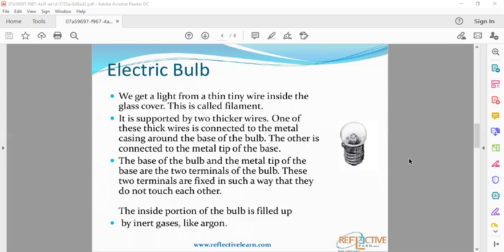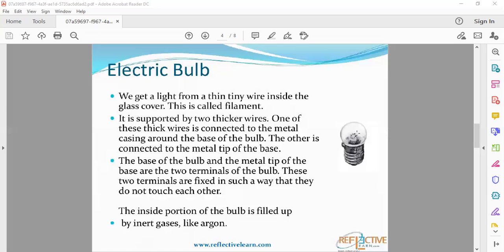Again, the bulb has two terminals, positive and negative. And children, inside the bulb there is a gas known as argon. You may not know about this gas yet, but I'm telling you that the gas filled in the bulb is argon, which is an inert gas. So till here we have already discussed.